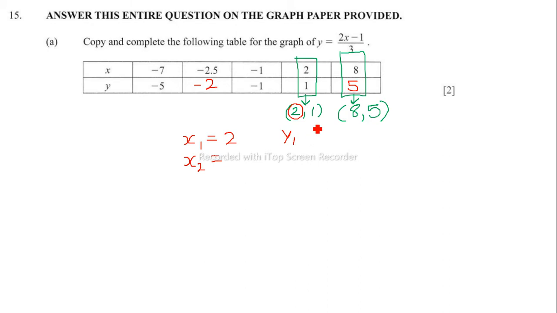Now my y1 is gonna be what? 1. So y1 is gonna be 1. And then my x2 is gonna be what? 8. And my y2 is gonna be what? 5. Very good. Okay, so now we're ready to go.